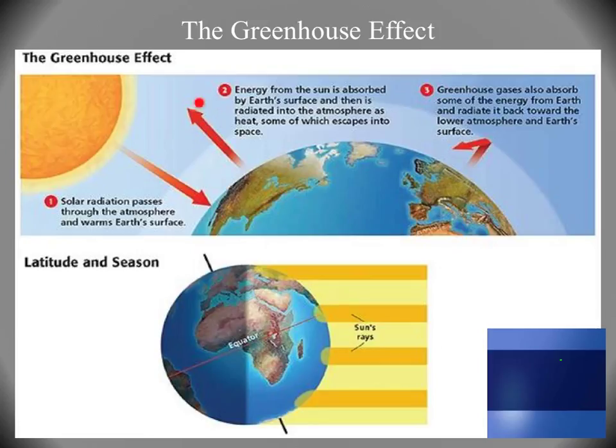And some of that heat escapes into space. However, some gases in the atmosphere, such as methane and carbon dioxide and water vapor, reflect or absorb some of that heat and re-radiate it back toward the Earth.